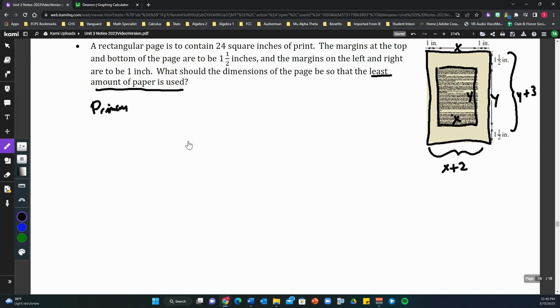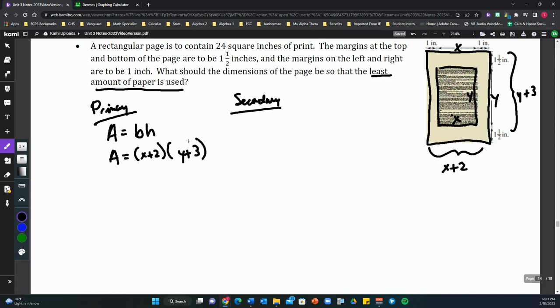So our primary equation is the area of a rectangle, base times height. In particular, our base is x plus 2, and our height is y plus 3. So again, our primary quantity that we're trying to optimize depends on two different input variables, so we need a secondary equation, a relationship that relates x and y together with some additional quantity that we know about, which allows us to actually solve for x or y.